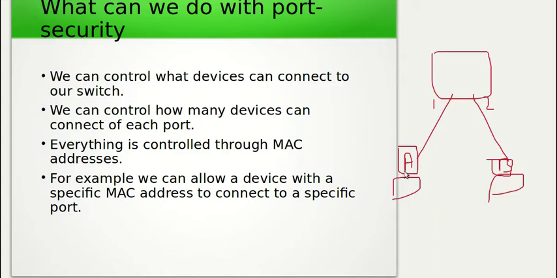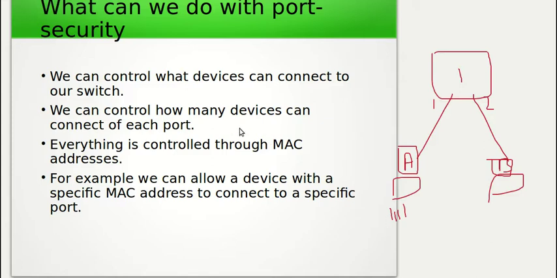In this case, imagine device A has the MAC address of all ones. Now when switch 1 receives frames from device A, it knows that those frames would be sourced from the MAC address of all ones. That means that if this switch, for whatever reason, receives frames via port 1 with a different source MAC address, it knows that those are from an untrusted device because they're not from the same MAC address as device A, and it will drop those packets.